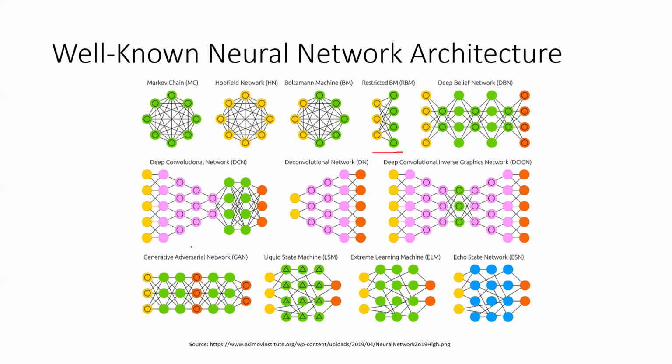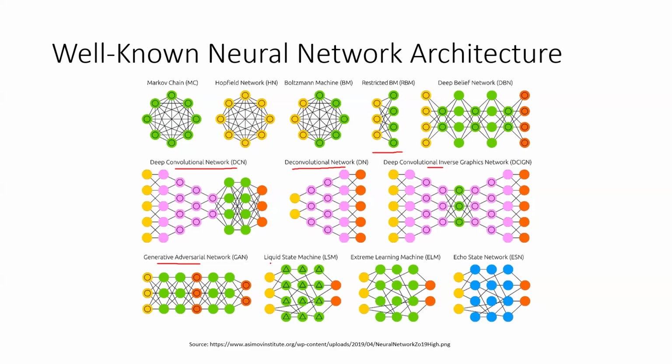We will be discussing deep convolutional neural networks later, and we will be discussing deconvolutional networks in the generative AI lesson, and there are some other forms of neural networks as well. And there are generative adversarial networks, which we'll also be discussing in the generative AI lesson.